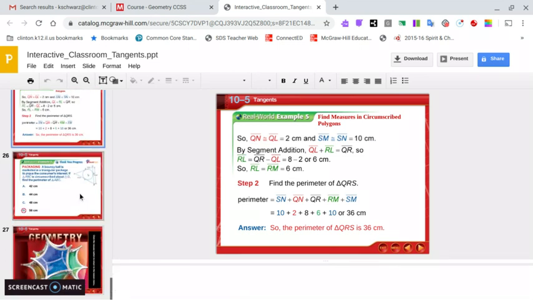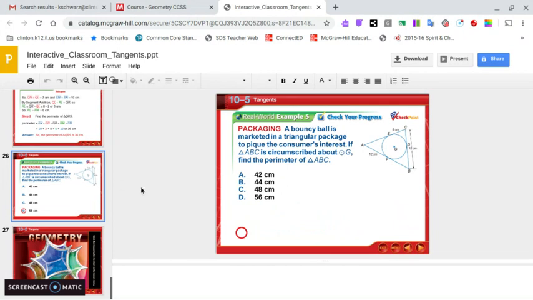So we'll take one last question together. A bounce ball is packed in a triangular package. So again, if they're tangent to the circle and they come from the same exterior point, they have to be equal. So if C to E is 6, then C to D also has to be 6.